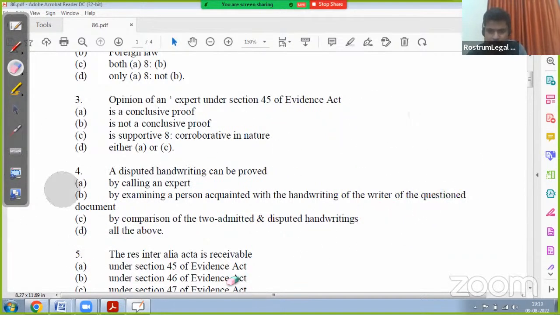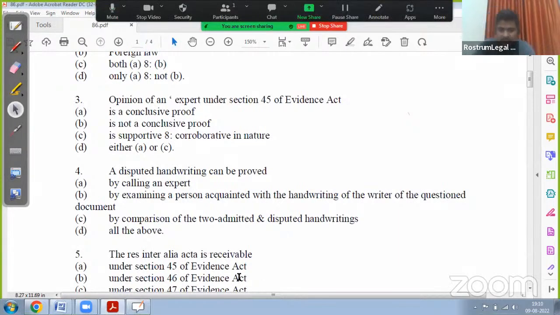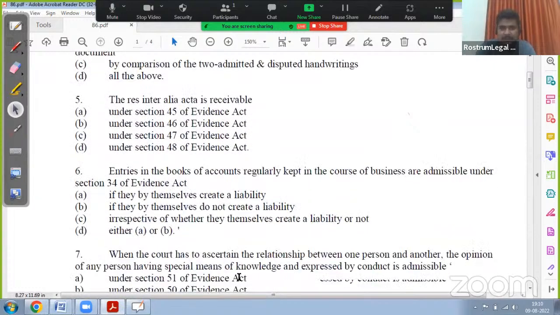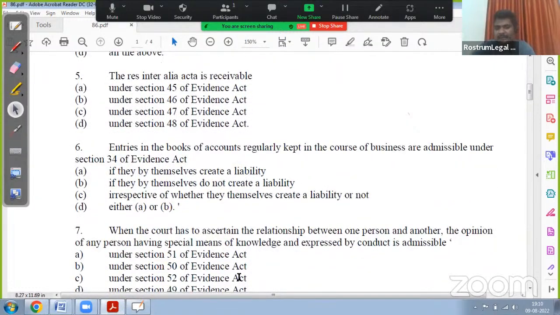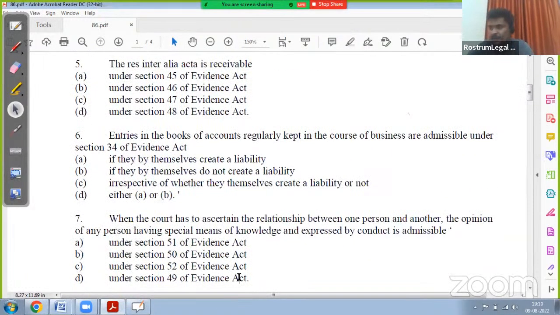Next question, question number 5. The inter alia acta is receivable under section 45 of Indian Evidence Act, section 46 of Indian Evidence Act, section 47 of Indian Evidence Act, and option D section 48 of Indian Evidence Act.